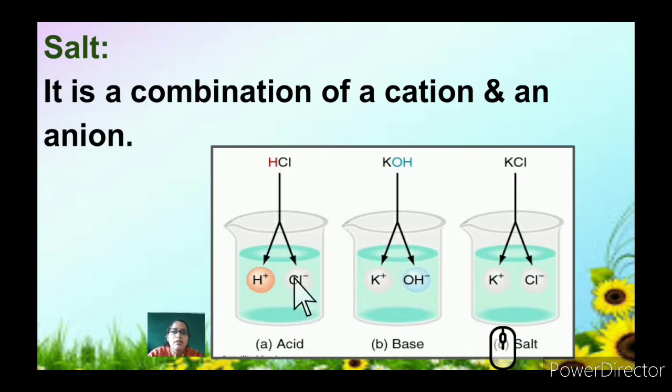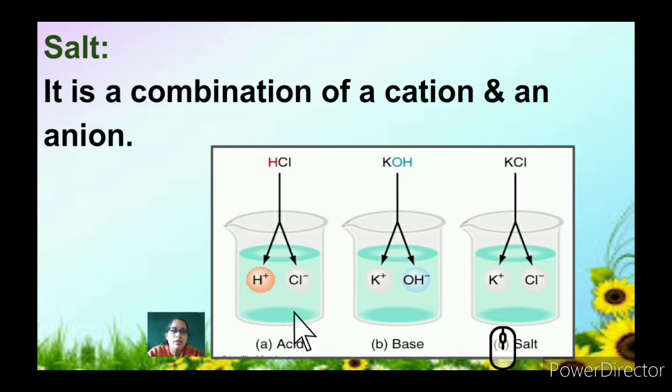So Cl minus: chlorine is a halogen. Fluorine, chlorine, bromine, etc. are halogens. When they combine, halogens mostly combine with metals and form certain salts. So you can see Cl minus. Why is it Cl minus?